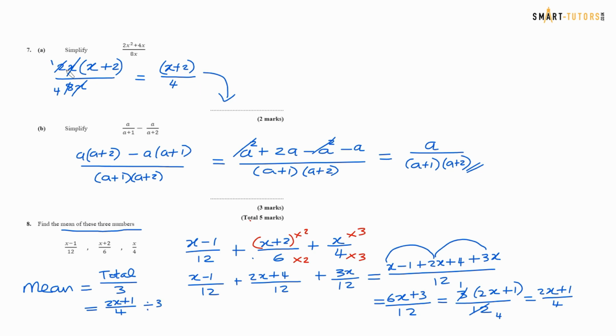If you want to make it a times, flip the 3. So 2x plus 1 over 4 times 1 over 3. So the final answer is 2x plus 1 over 12. That is our final answer.